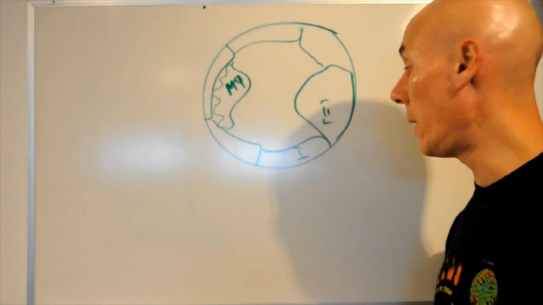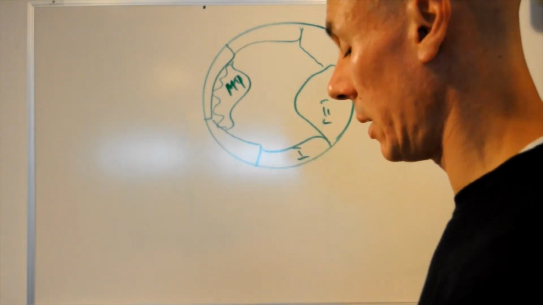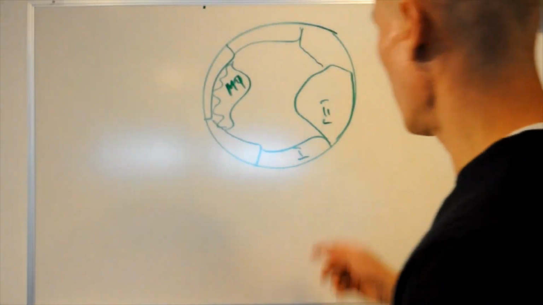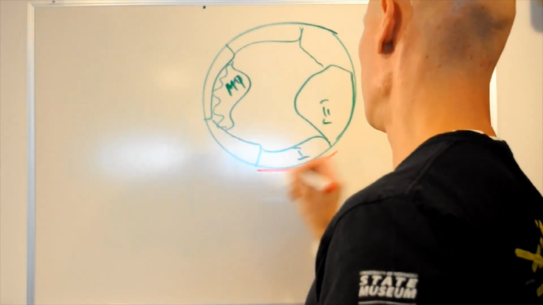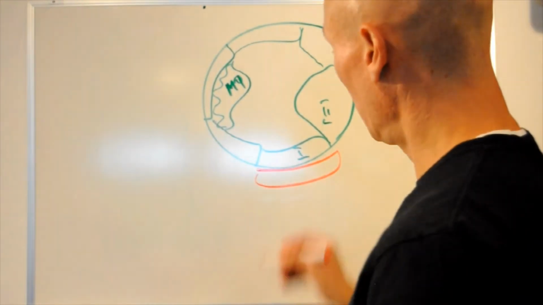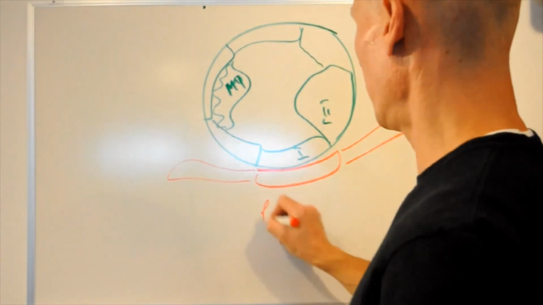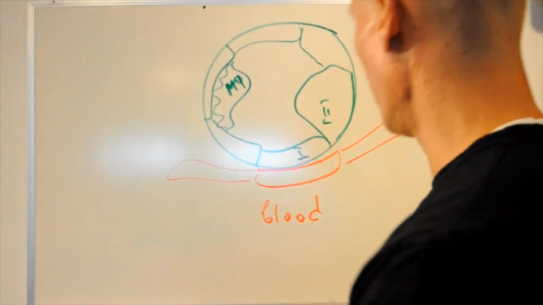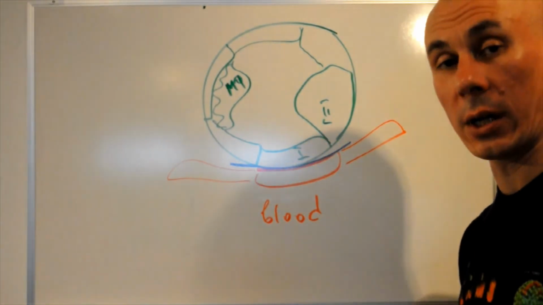So what is the function of type 1 alveolar cell? That simple squamous epithelium. Turns out that the basement membranes of the alveolar epithelium and the blood vessel epithelium, that's the blood vessel, so here's blood, they are fused. There's one basement membrane here.